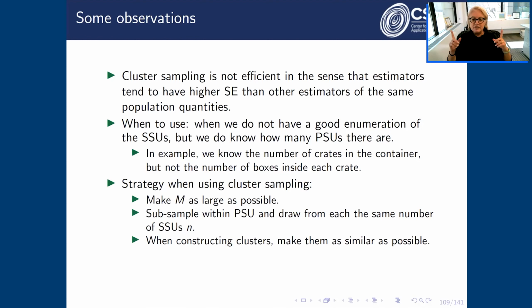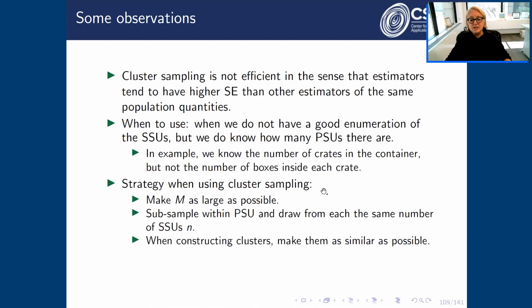So your margins of error are going to be larger when you base them on a cluster sample than on some other type of sample. Stratified samples are pretty efficient in this sense. They typically give you more precise estimates than simple random sampling does. But cluster sampling does the opposite. You're better off doing simple random sampling most of the time than doing cluster sampling.